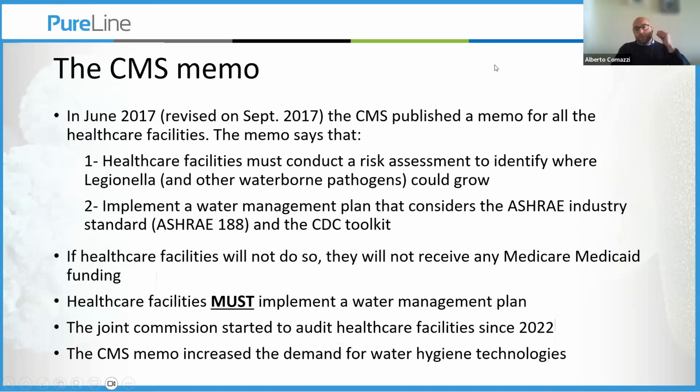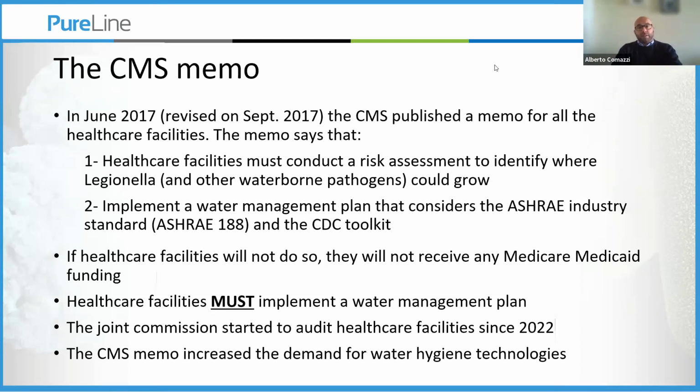A big step in the US Legionella market was made in 2017 when the CMS, the Centers for Medicare and Medicaid Services, published a memo saying that all healthcare facilities needed to implement a water management plan, which was in line with ASHRAE Standard 188, in order to mitigate the risk of somebody getting sick from Legionella in their building.